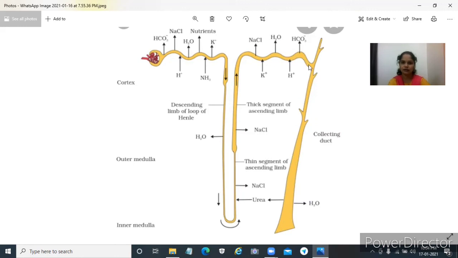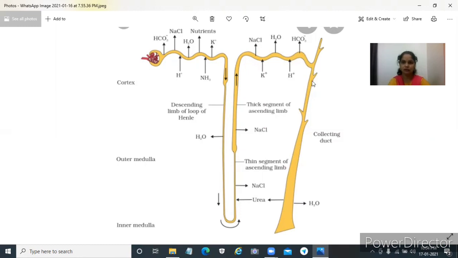Augmentation means to change the pH from alkaline to acidic in nature. Now there is active secretion of H+ ions inside the collecting tubule, which helps in the homeostatic mechanism to maintain the internal environment.